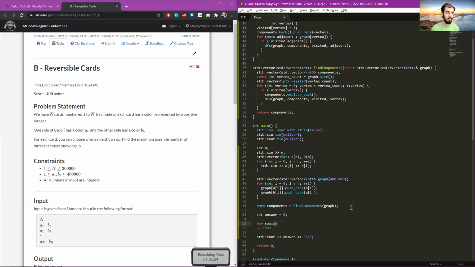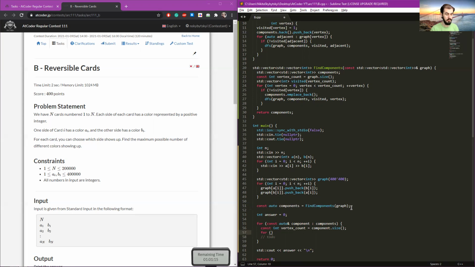We can loop through components. We can also make components const, just in case. For component in components, we can get the number of vertices here. We also can make it constant so that we don't change it by accident later.